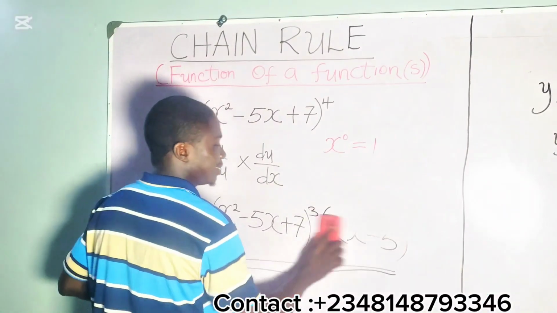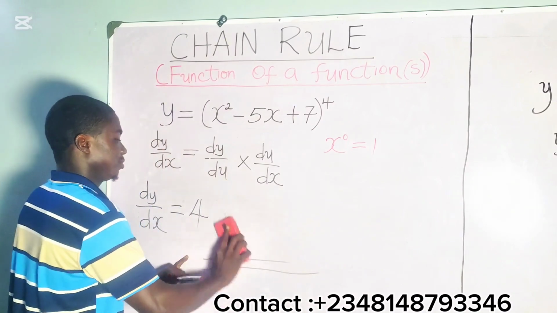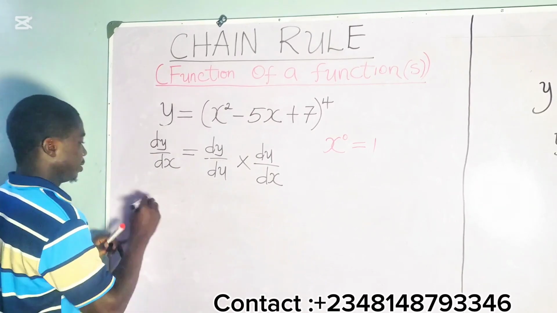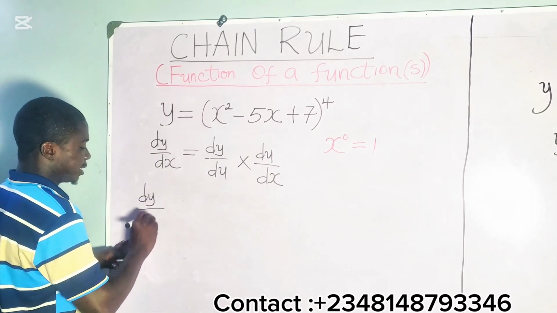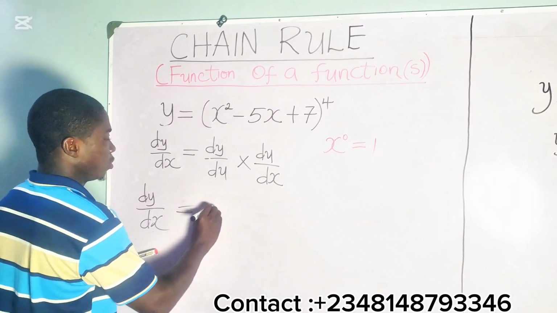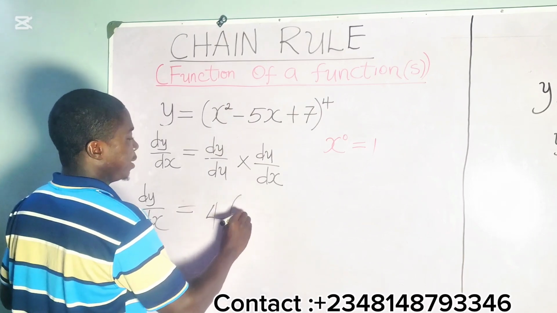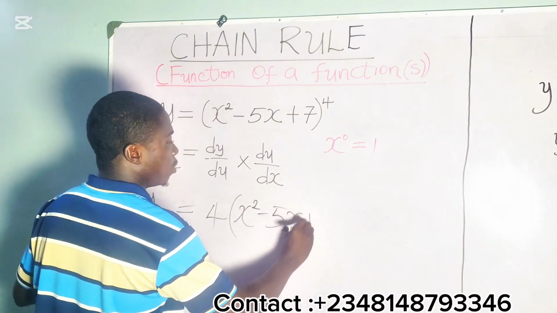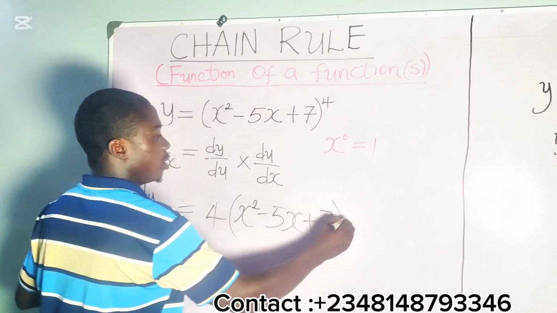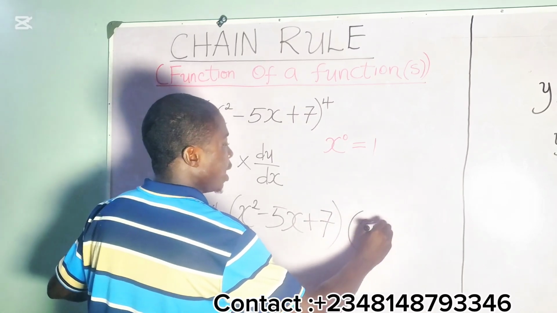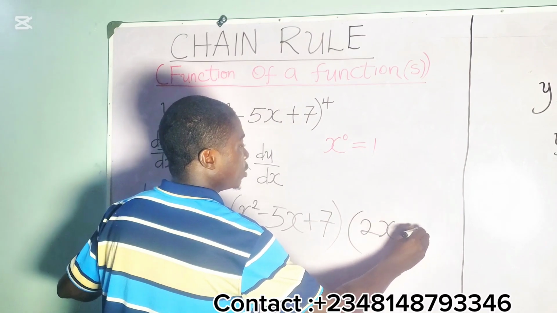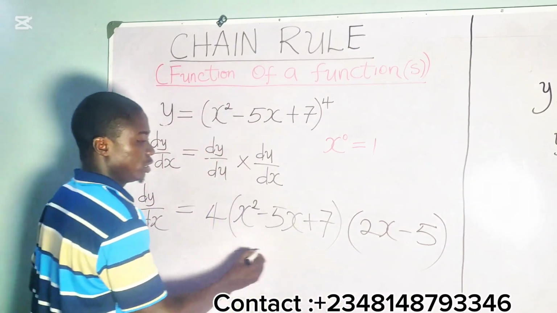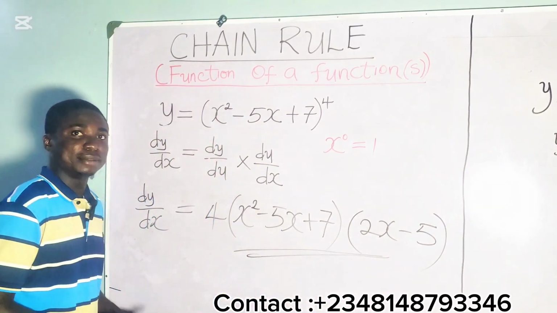Alright, let me rewrite it. dy over dx is equal to 4 multiplied by (x raised to power 2 minus 5x plus 7) cubed, and then multiply by (2x minus 5). Alright, so this is our final answer.